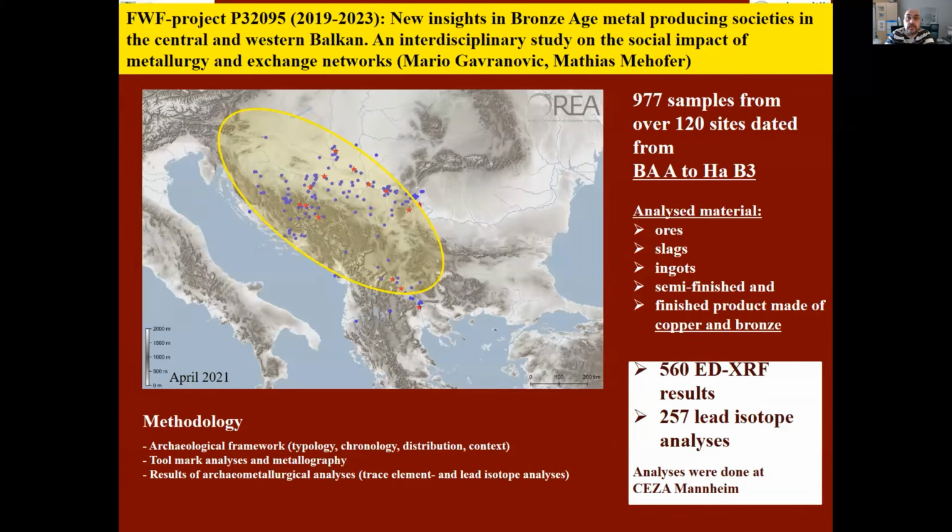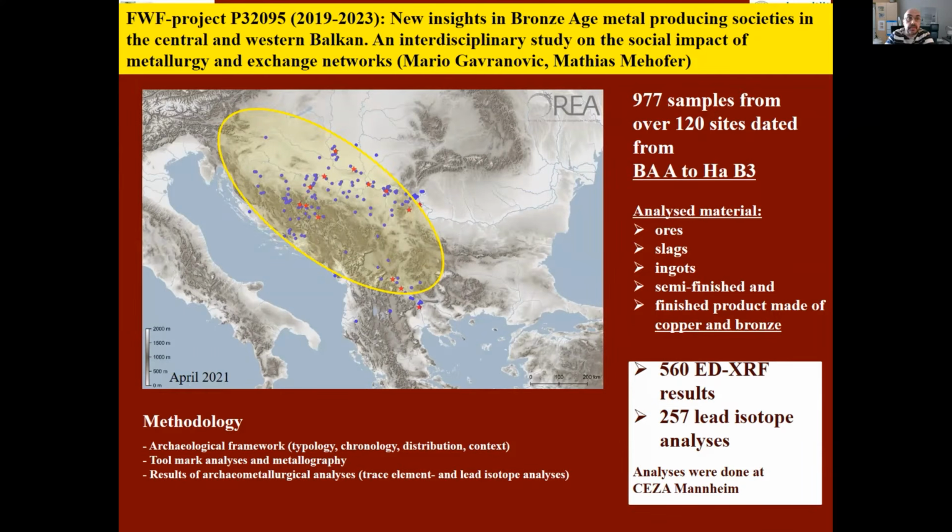It's together with my colleague Mario Gavranović from the Austrian Academy of Sciences. We were focusing on the Western and Central Balkans during the Bronze Age to find out how the metal exchange was organized there, because until we started the project, there was not much research done.